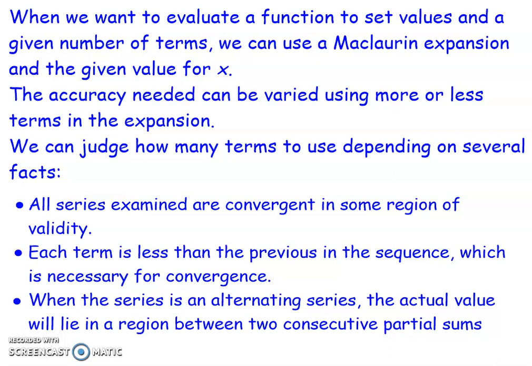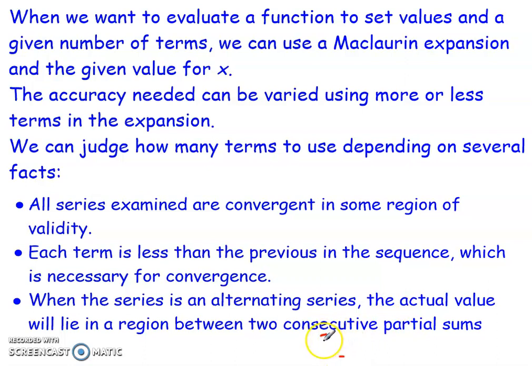And when the series is an alternating series, so think for example cosine or sine, the actual value lies in a region between two consecutive partial sums. So if we think back to the cosine and sine, we'd have 1 and negative 1.